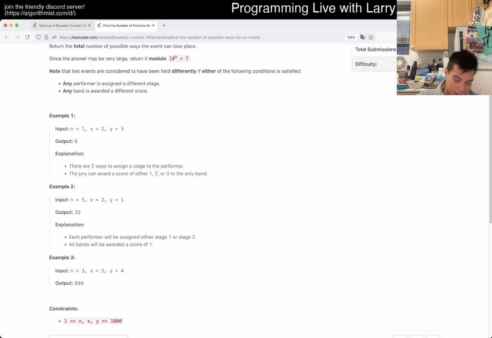Okay, so you choose 3 stages, that's fine. And then, yeah, I think that part is fine, but then how do you enforce that they're all 0?